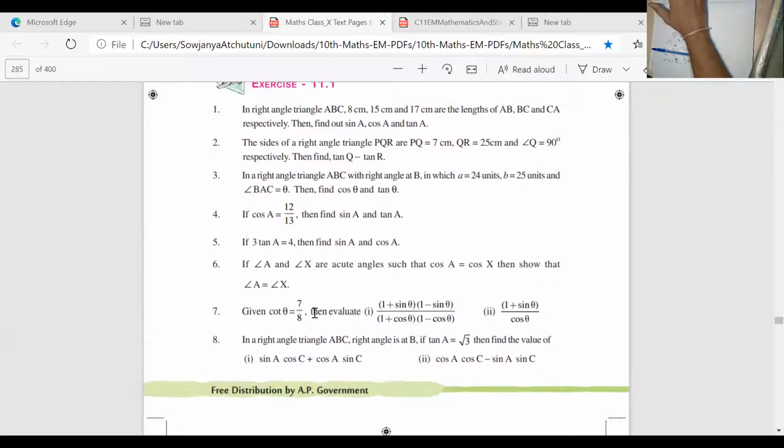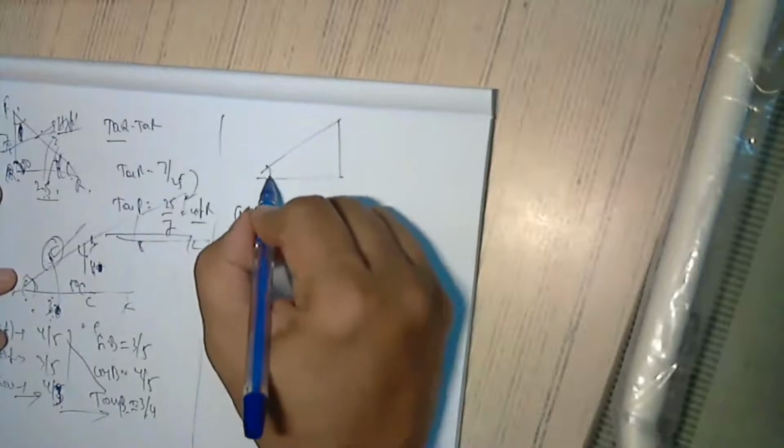So let us write, cot theta is 7/8. The expression asked is 1 plus sin theta into 1 minus sin theta, by 1 plus cos theta into 1 minus cos theta. See, this is theta.